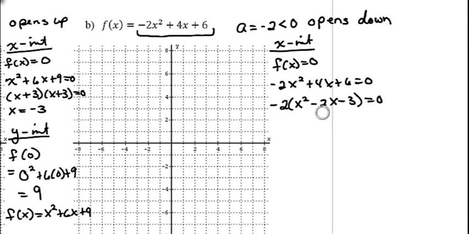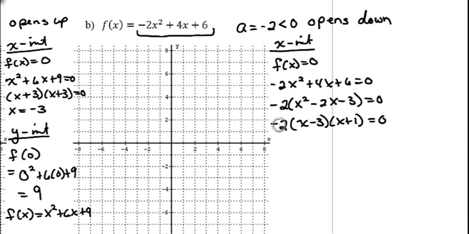And then we can factor what's inside the parentheses there. So I have my negative 2 and this will factor as x minus 3 times x plus 1. You want to factor negative 3 so that the sum of those factors gives you negative 2. And negative 3 times positive 1 gives us the negative 3, and they add up to give us the negative 2.